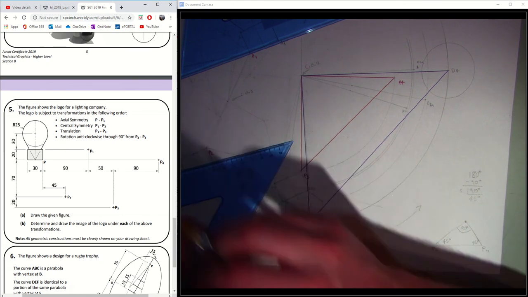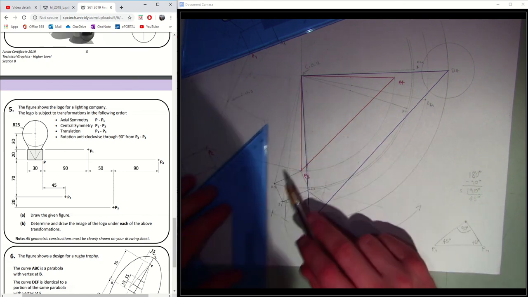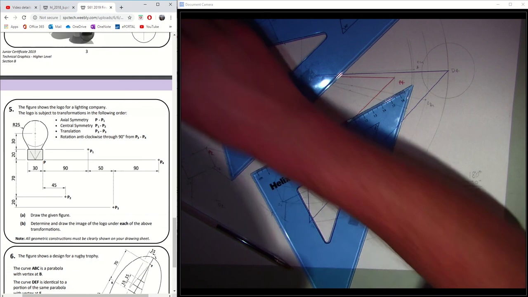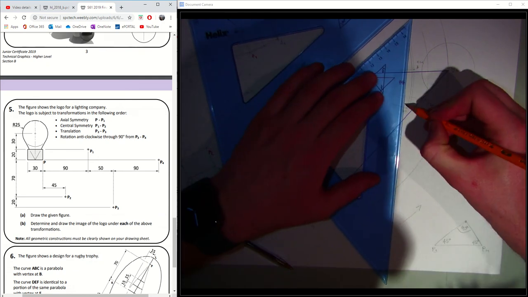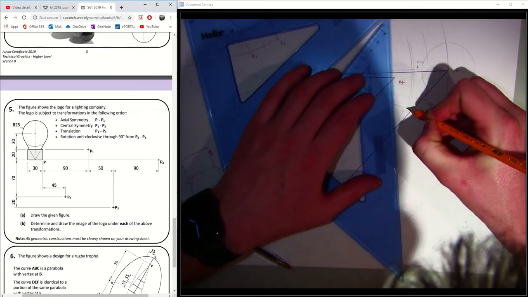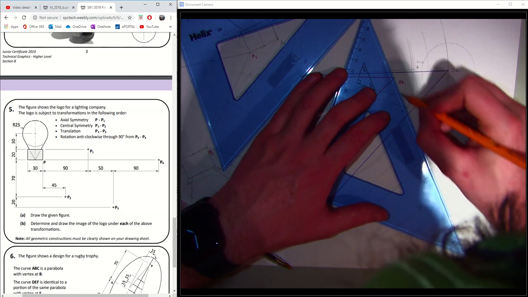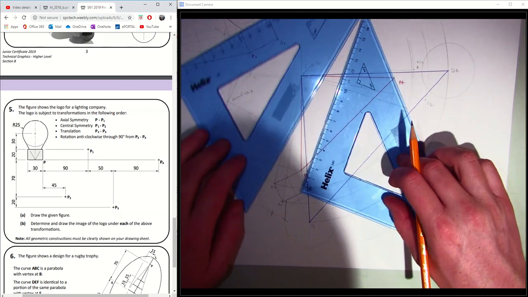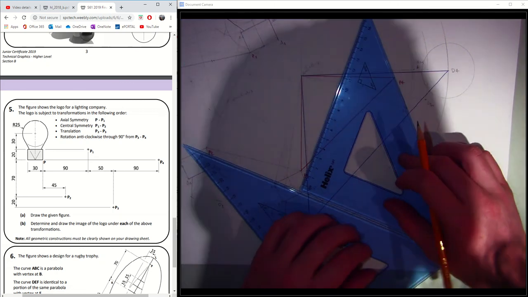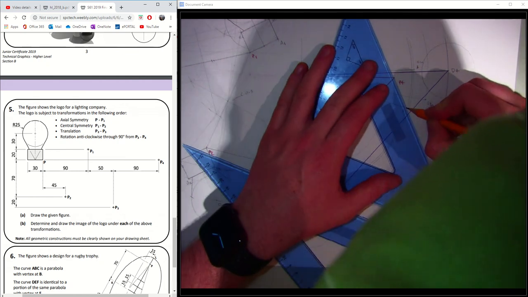I want to join up my points now. So I know A3 is joining to P3, so A4 has to join to P4. So here's P4 here. Now, the next point is parallel to that, just in this question.